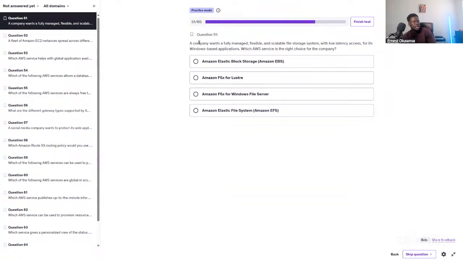Now, the question is, a company wants a fully managed, flexible, and scalable file storage system. Keywords: fully managed, must be flexible, must be scalable. I want the file system storage to grow, but it's saying a file system storage. Remember, I told you that there are three kinds of storage. We have object storage, we have block storage, and we have file system storage.